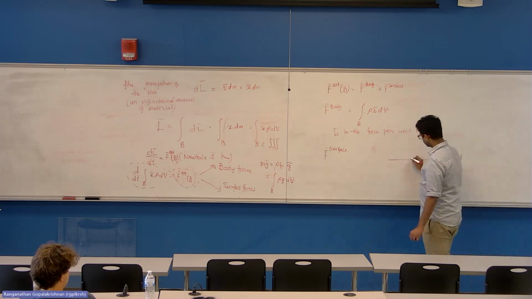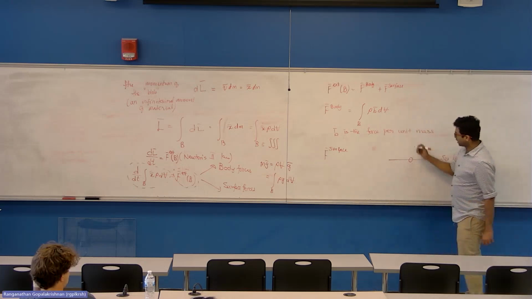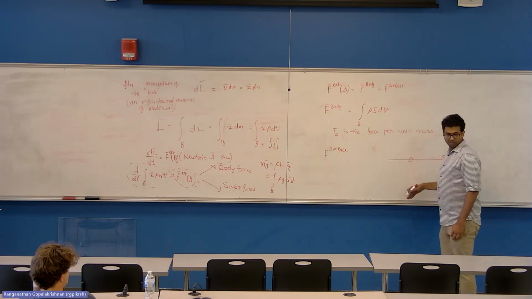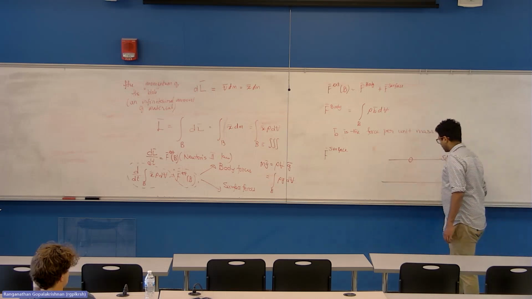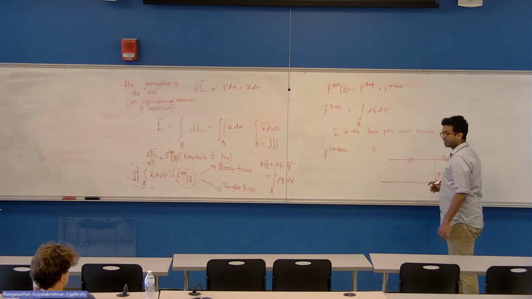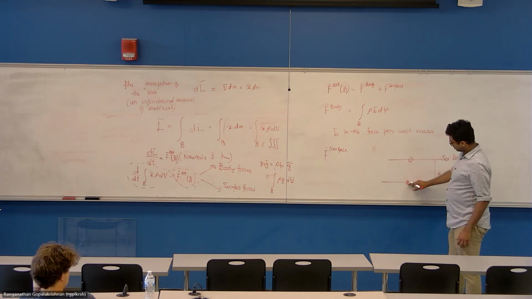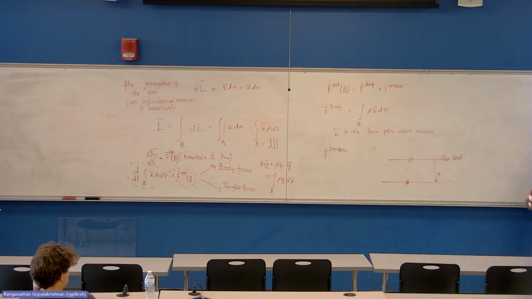If you keep an object here, it's being acted upon by atmospheric pressure, let's say. If you drop it in the ocean and if it reaches a depth h and it's here, what is the pressure acting on this object from your basic hydrostatics knowledge?